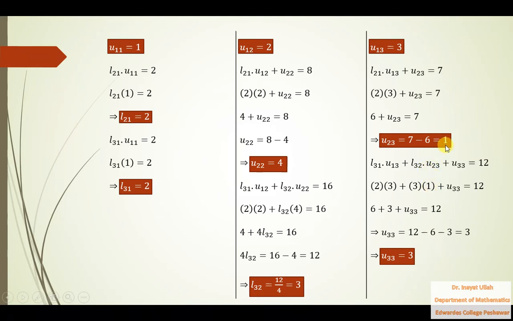To calculate u33, multiplying these two and converting it towards that side to get u33. So these are the elements for the upper triangular matrix, and these are the elements of the lower triangular matrix.